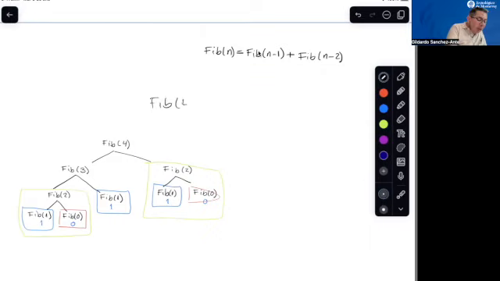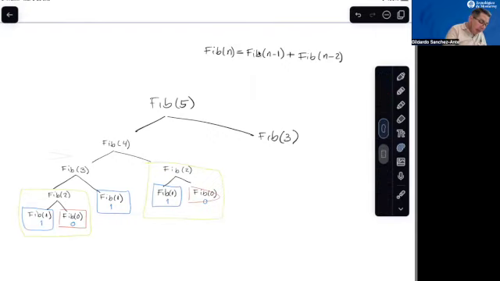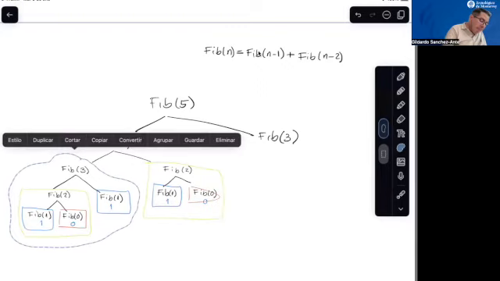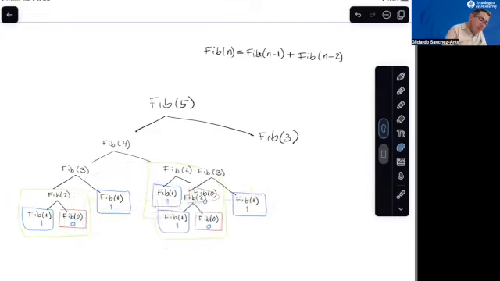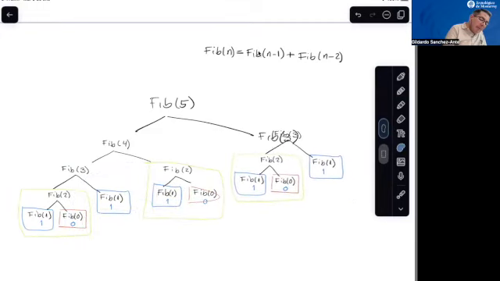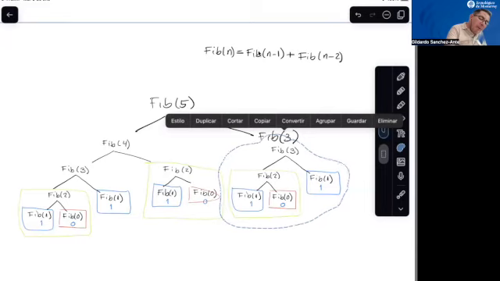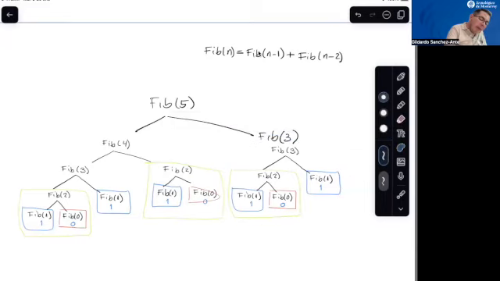Fibonacci of 5 is going to be, and then we can see that it is going to be something like this.